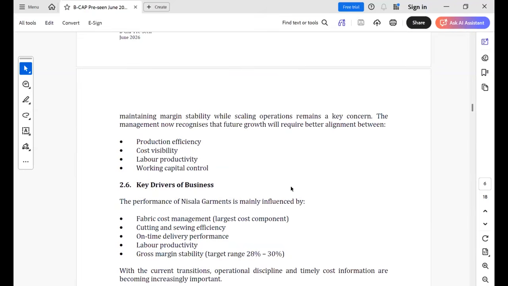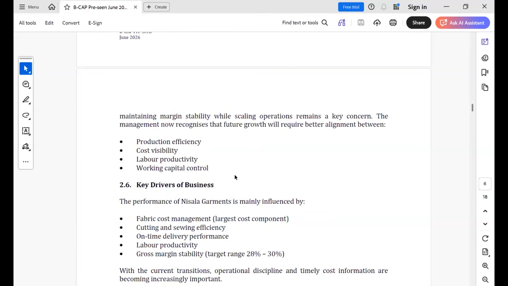Unless you are operating as the one single manufacturer or company in Sri Lanka, we call it a monopoly. You don't have a monopoly, right?